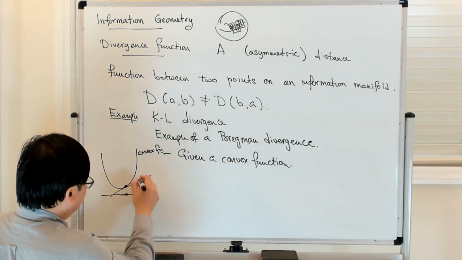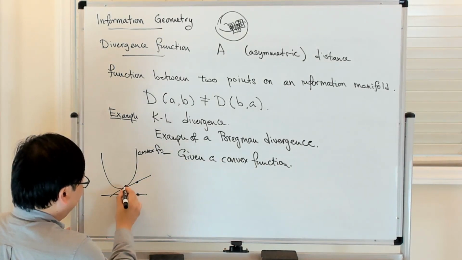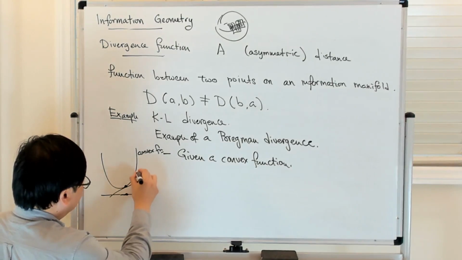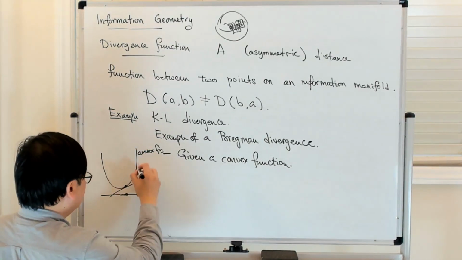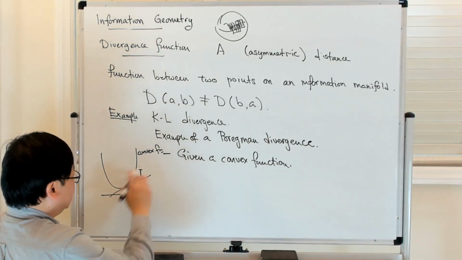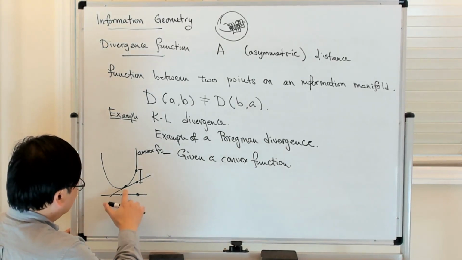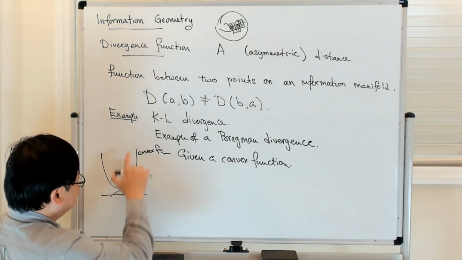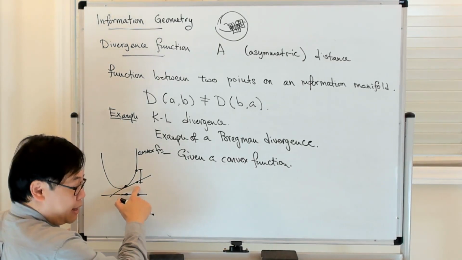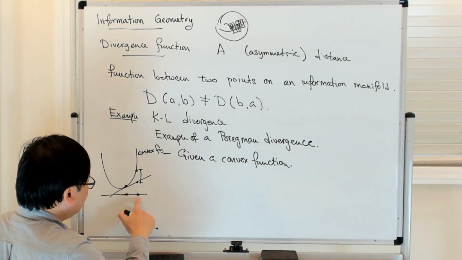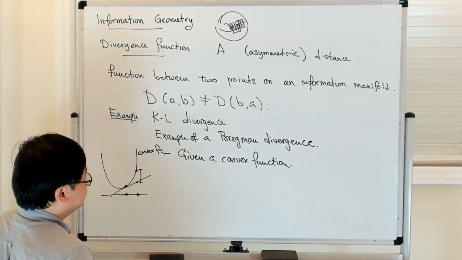And at the second point, you can measure the distance between that linearization about the first point and the actual value of the convex function. You can look at this distance, okay? And this is how you construct the Bregman divergence. You look at the linearization of a convex function about one point, and you evaluate that linearization at a second point, and you compare it to the convex function value at that point.